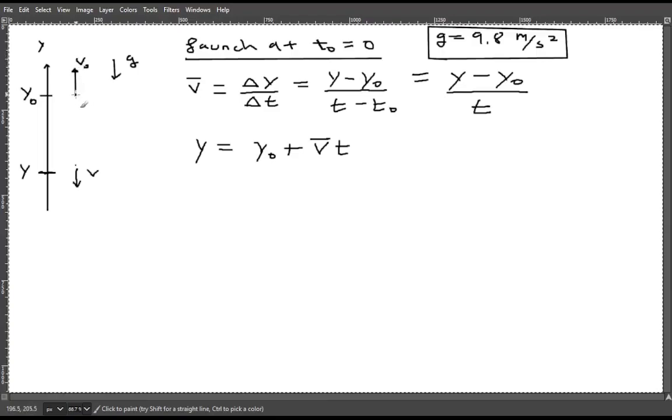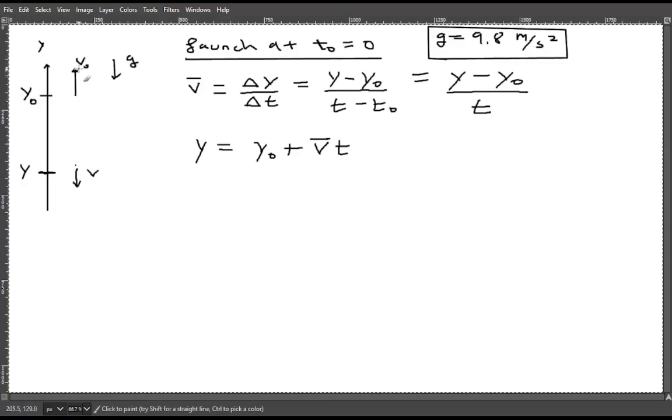Why is that? Because it's straight up at 10 meters per second, but every second the ball is gaining 10 meters per second of velocity in the down direction. So it would have started with 10 up, but 1 second later you'd have to add 10 down to that. And 10 up plus 10 down is 0, right? The same amount up as down, you get to 0.